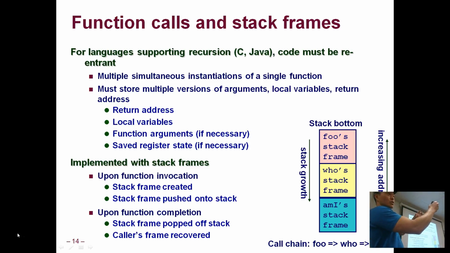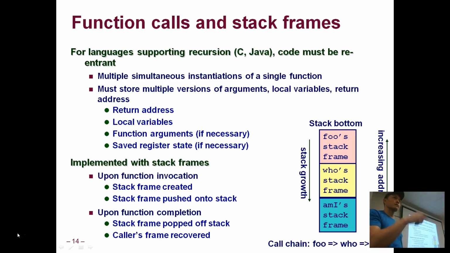Then when that function returns, you pop that whole frame off of the stack. And there's code to manage the frames, to make sure you can restore the previous frame. I call those breadcrumbs, and we'll see how they are used, when ami returns, to restore who's stack frame exactly the way it was before the call to ami.